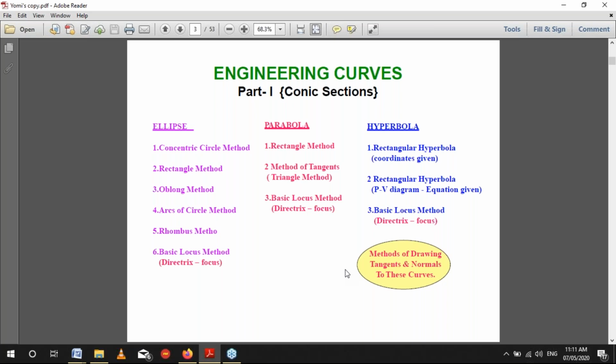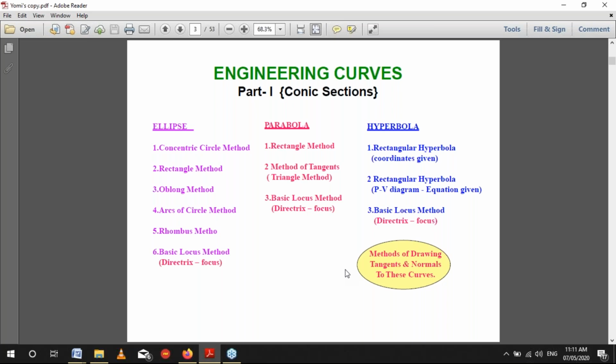For parabola, we'll be looking at the rectangular method, method of tangents, that's the triangular method, then basic locus. Then for hyperbola, we'll be talking about the rectangular hyperbola, then the coordinates given, the PV diagram, equation given, etc.